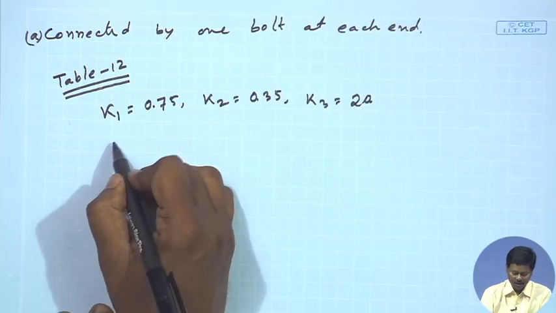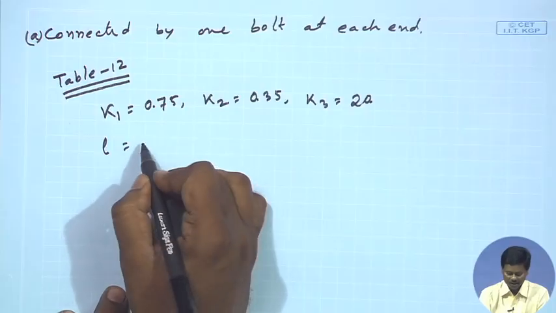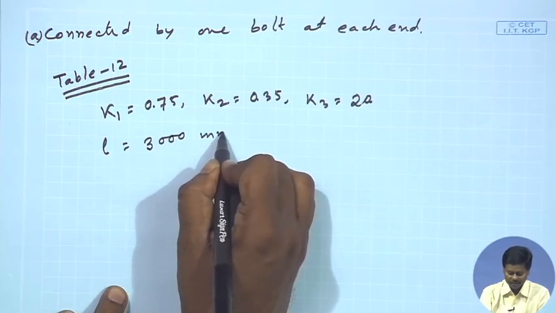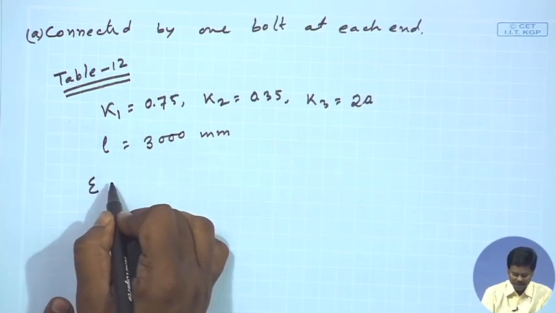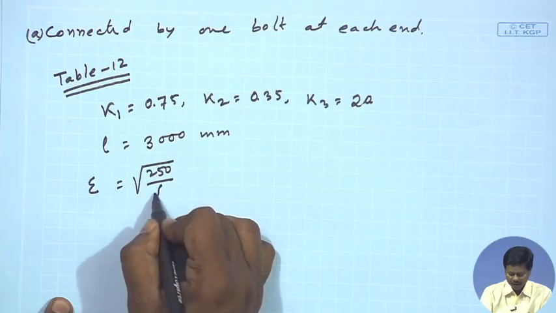Now, here length L is the center to center distance, that is 3 meter, that means 3000 millimeter. Now, the yield stress ratio in this case will be square root of 250 by Fy.